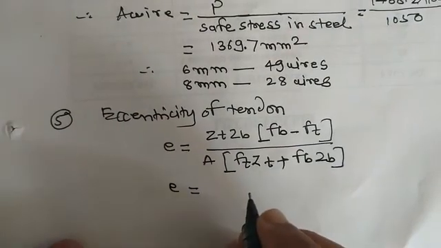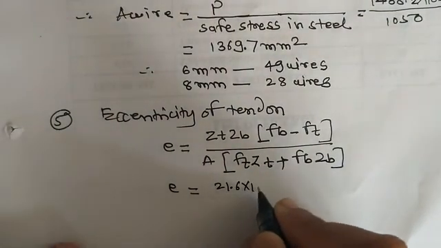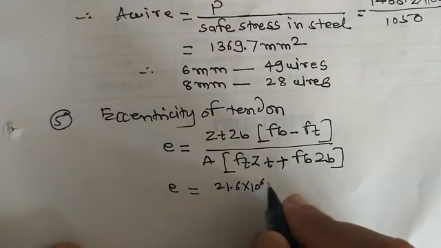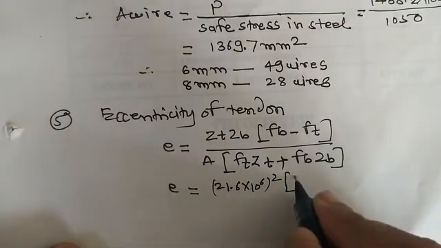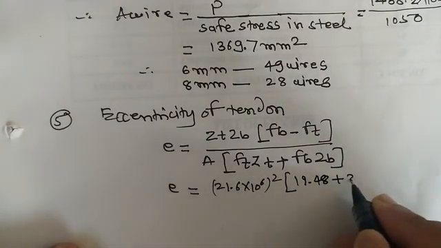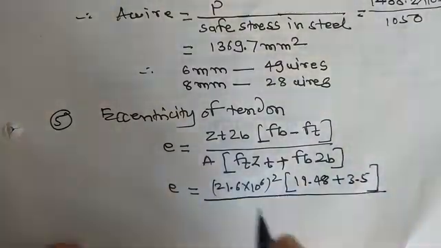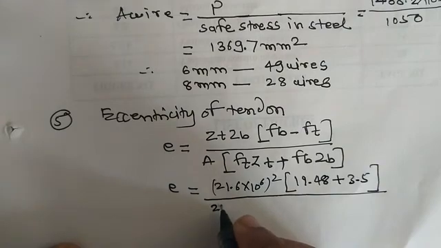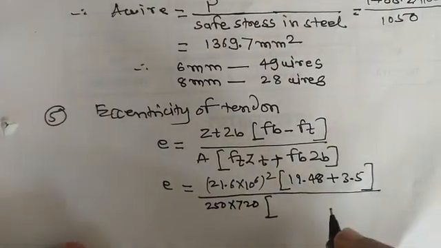After application of all these values, 21.6 into 10 raised to 6 square, because this is the multiplication. F bottom is 19.48, minus plus 3.5. 250 into 720 are the dimensions of the beam.